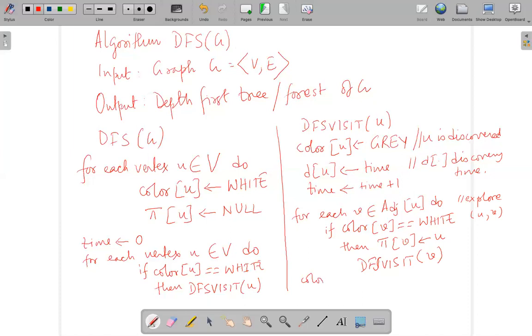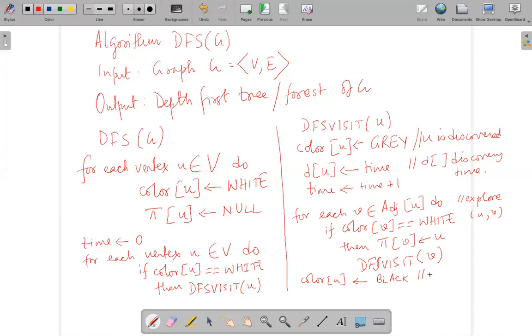Once this is over, color of U, that is, at this time, you are sure that all the neighbors of U have become non-white. Okay. Color of U becomes black.